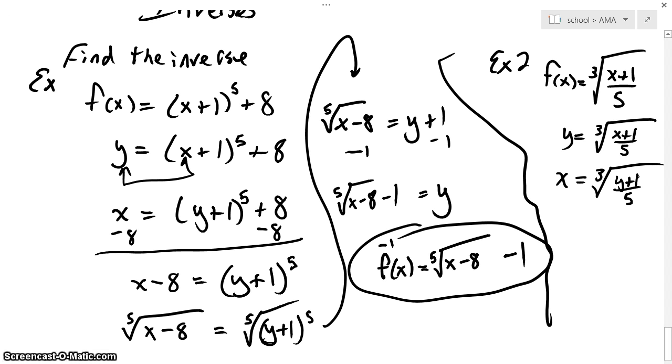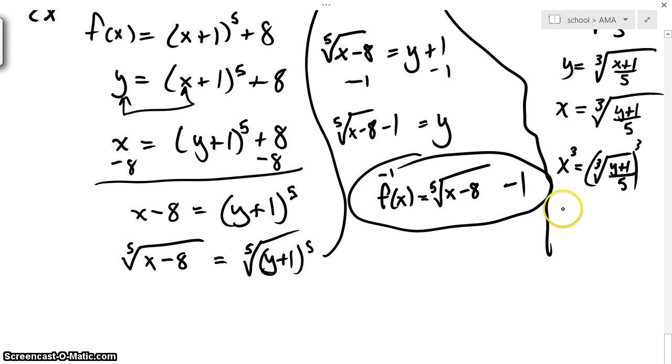But here we go again. It's working in a different direction. Now we need to eliminate a cube root. You might wonder how to get rid of a third root. The answer will be to raise to a third power. And great algebra review right here. Cubing a cube root will make it go away. And then we'll just have y plus 1 all over 5.